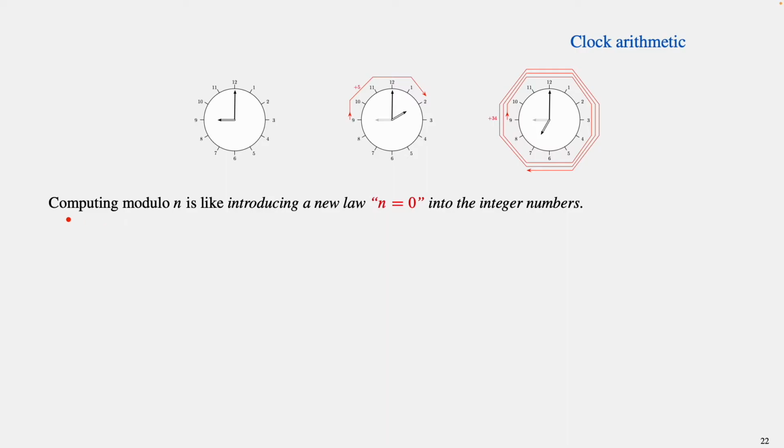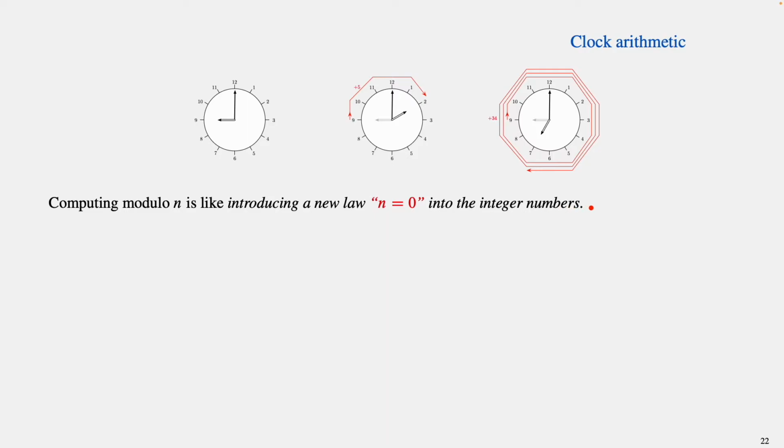And what we really do here is, when we compute modulo n, we introduce a new law into our integer arithmetic. So this new law is n equal to 0. And of course this is not true in the integers if n is anything other than 0 already.